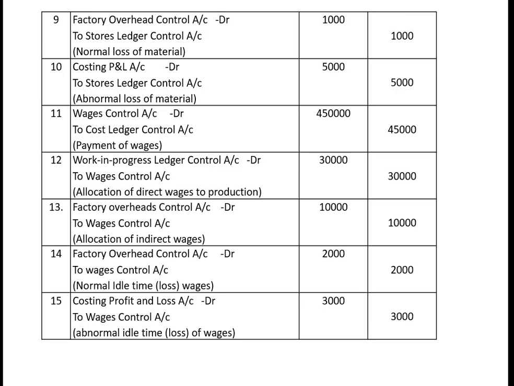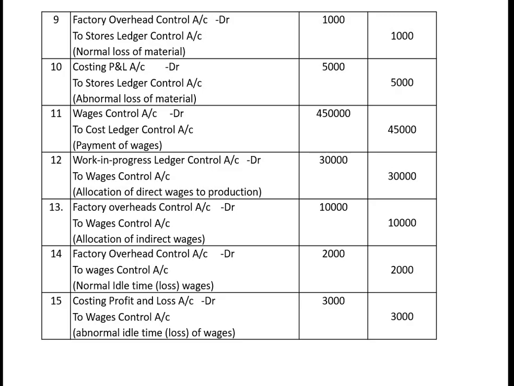Entry number 12 is direct wages allocated. You see, this is the allocation of direct wages to production. Whatever wages are paid, obviously they may have different components, like one class of wages paid to assembly number 1, another to assembly B or C, like this.